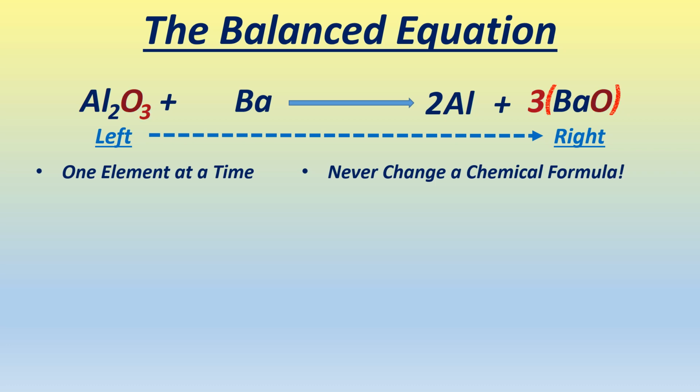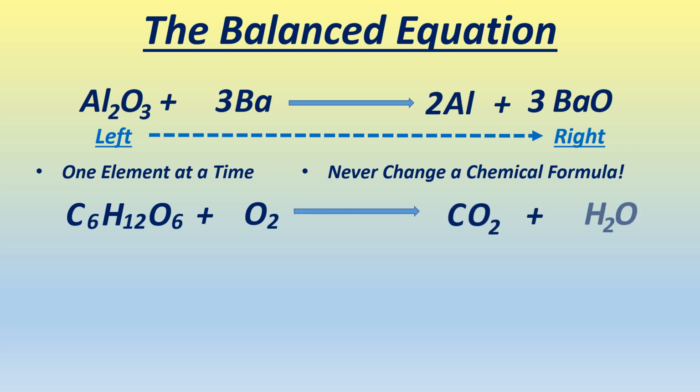By changing this, one also changes the ratios of barium. There are now 3 on the right, but only 1 on the left, so I would need 3 bariums. So, when the qualitative reaction is balanced quantitatively, it says that 1 mole of aluminum oxide will react with 3 bariums to get 2 aluminums and 3 barium oxides.